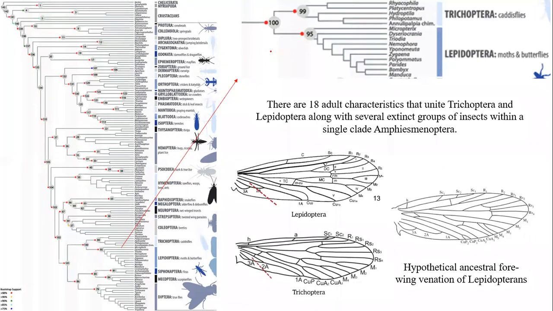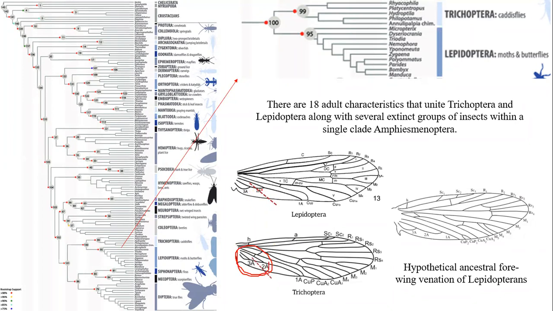One of the characteristics, which is my personal favorite, is the wing venation seen in Trichopterans and Lepidopterans. Primitive Trichopterans have a very specific characteristic on their forewing venation, and that is their anal vein looks like a double Y shape, as you are seeing here.